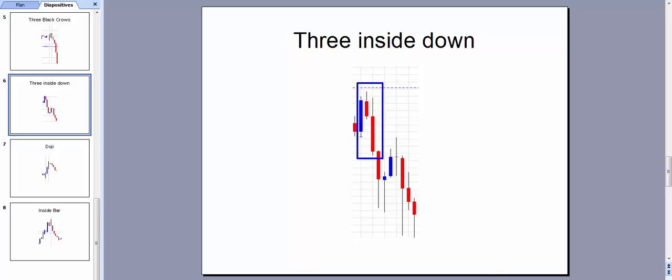As you see here, this is a blue candle, opened here, closed here, and then another red candle opens just below and is contained within the body of the blue candle. This pattern itself is an inside bar or harami, and you just take it to the downside when you see it.